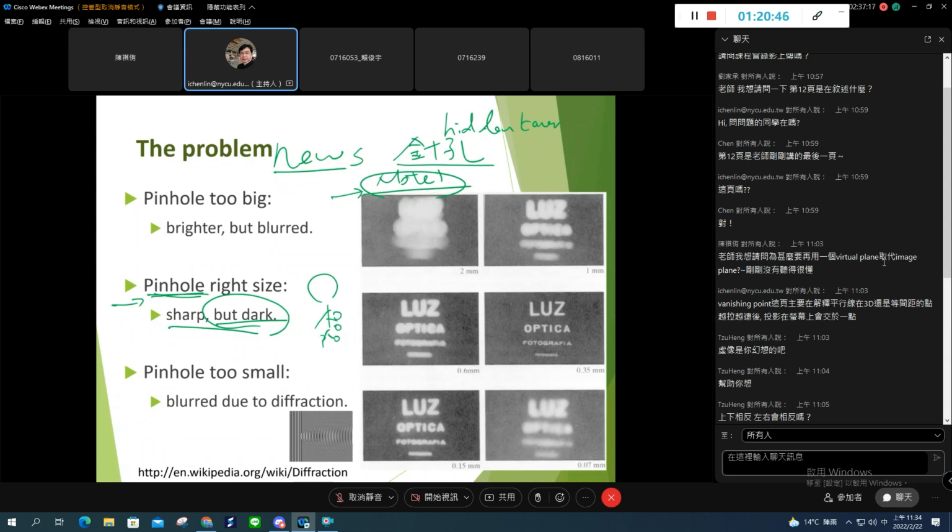So for most real hidden cameras, there is actually still some lens in front of or within the pinhole, right?